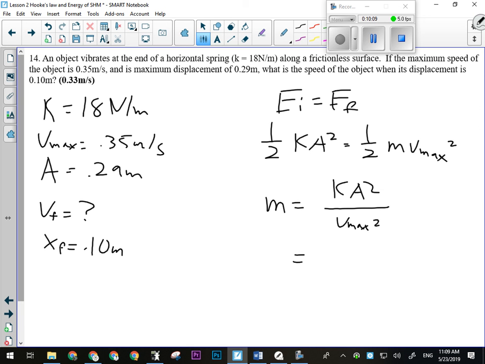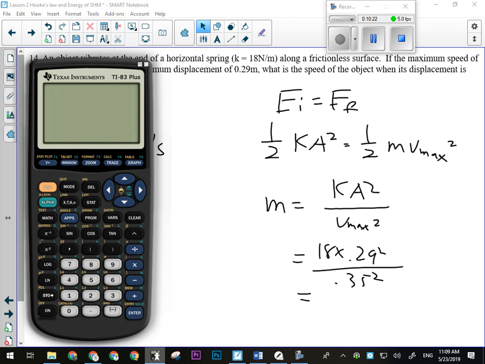So I'll have 18 times 0.29 squared divided by 0.35 squared. That will get us our mass. So the mass is 12.35 kilograms.